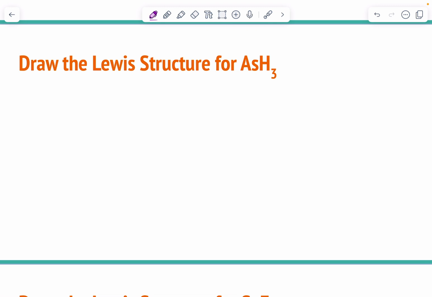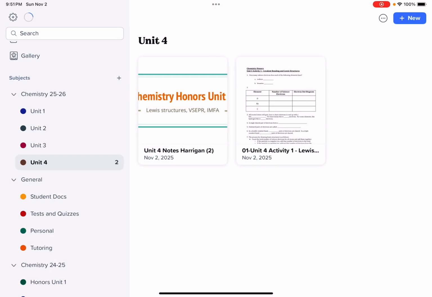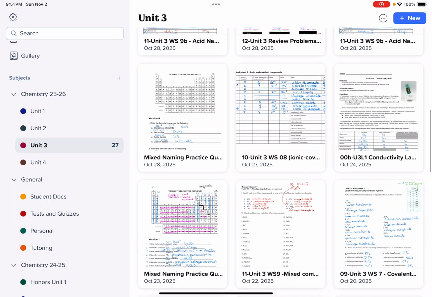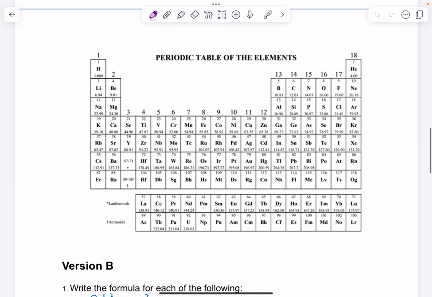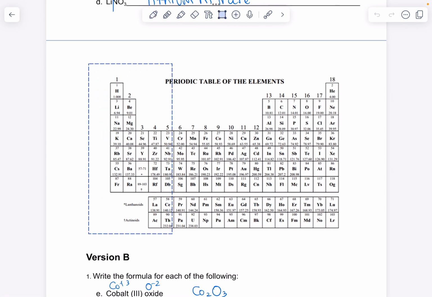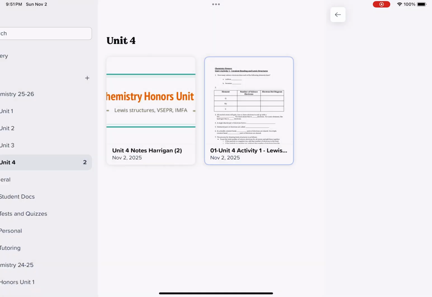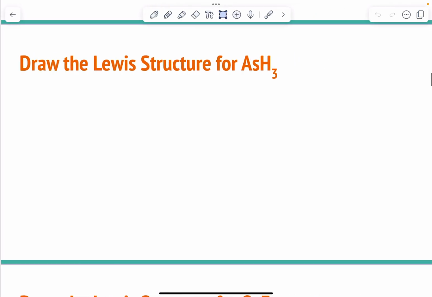So we'll start with AsH3. And if we take a look at AsH3, we see that arsenic, so let's see if we can find a periodic table here. Okay.